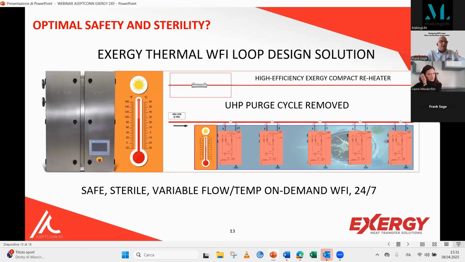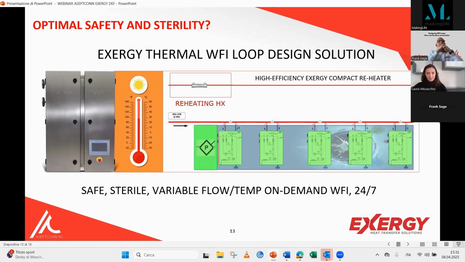We look at all of the major applications that are needed in distribution and in dispense.